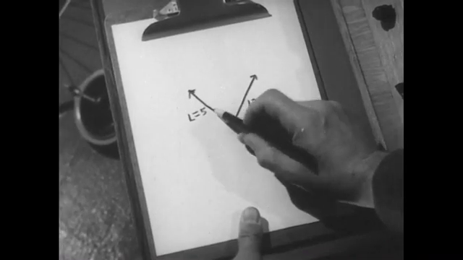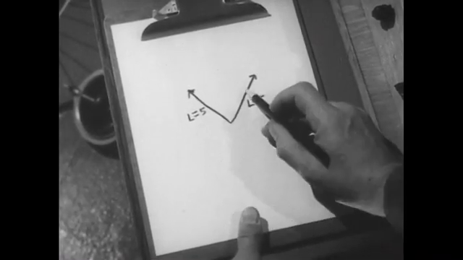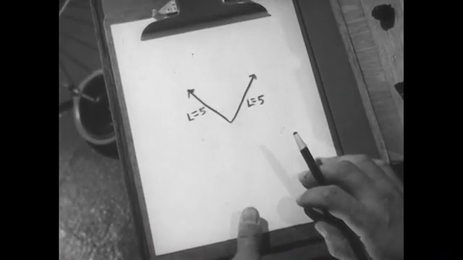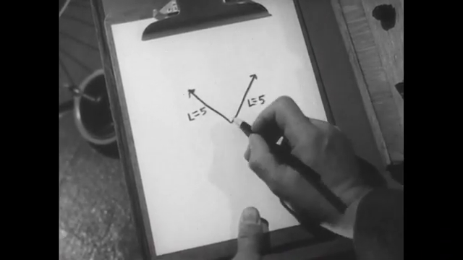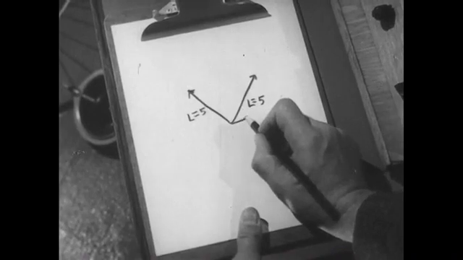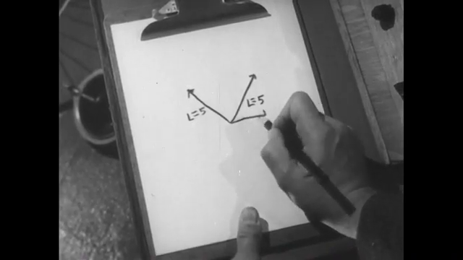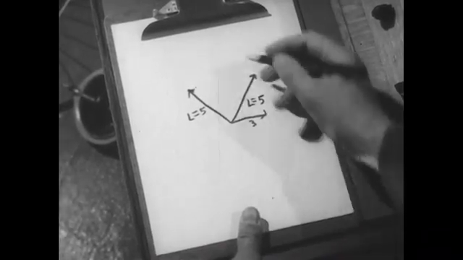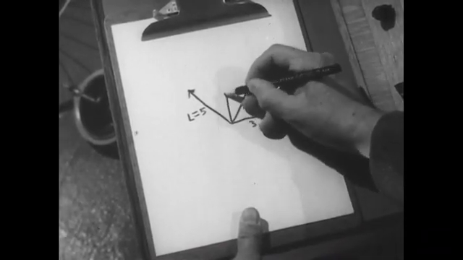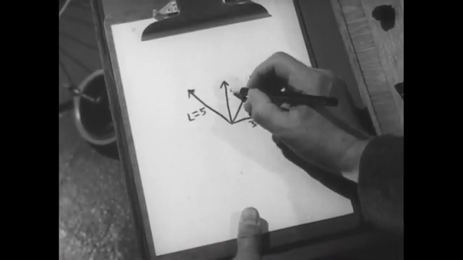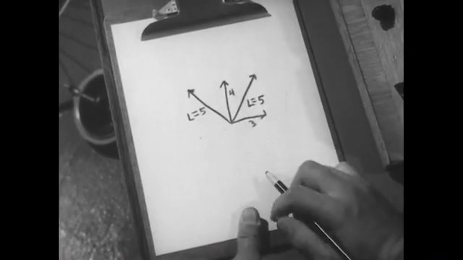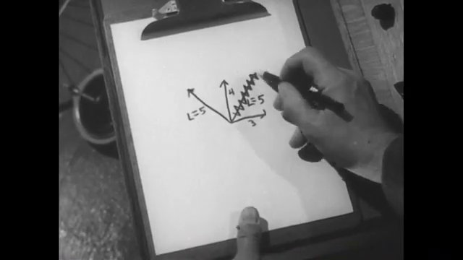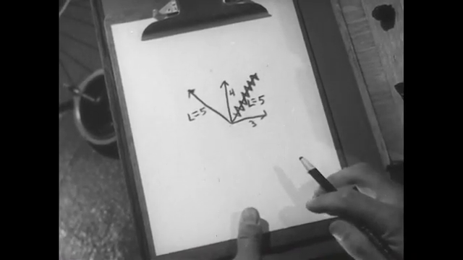This angle has been chosen conveniently so that these vectors will resolve by a 3, 4, 5 triangle. I'll resolve the first. 3 units in this direction. And 4 here. I've now replaced this vector by its components.